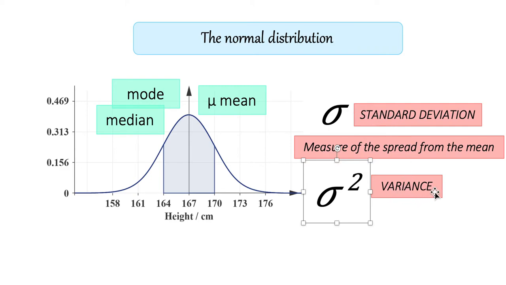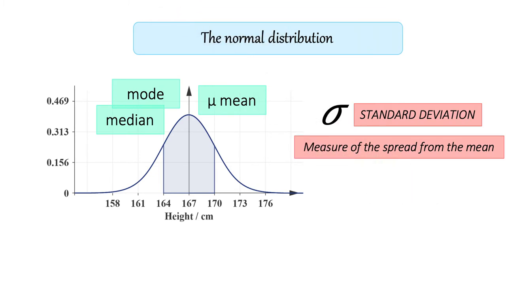I know that in binomial distribution you might have seen variance before. So this one is standard deviation, this one is variance. They basically mean the same thing. It's just a different way of interpreting this measure of spread.